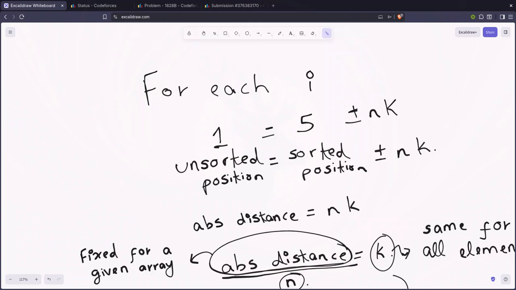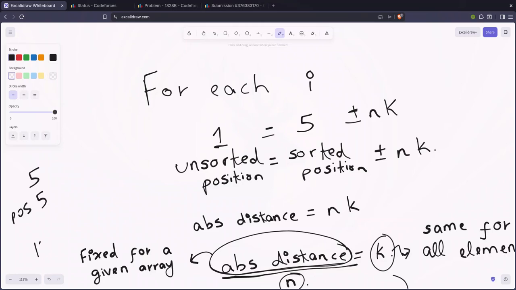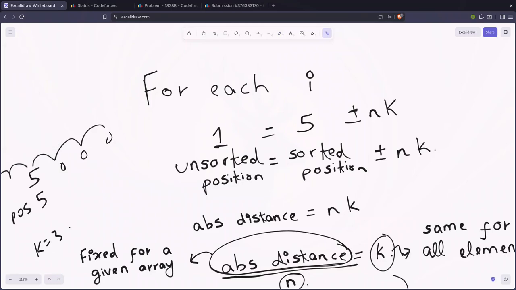Let's say element 5 was at position 5 and k is equal to some 3. So it can jump in multiples of 3 forward and also in multiples of 3 backwards. That is what I'm mathematically saying, that the sorted position plus minus k multiples jump, in the front or backward direction, will be its unsorted position.